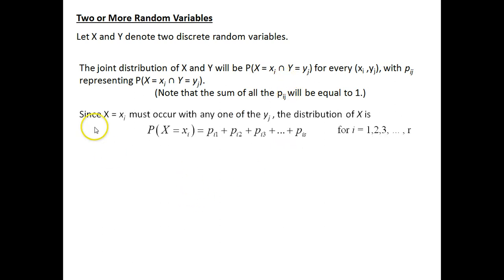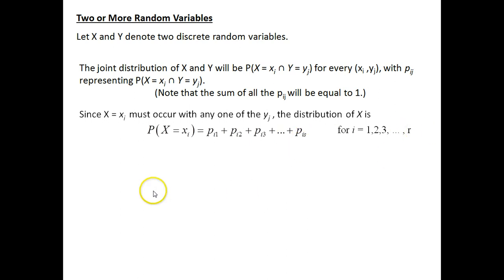Then each x equal to xi must occur with any one of the y's, so in the distribution of x, the probability of x equal to xi is the sum of the probabilities p_ij over j equals 1, 2 and so on up to s, for i up to r.